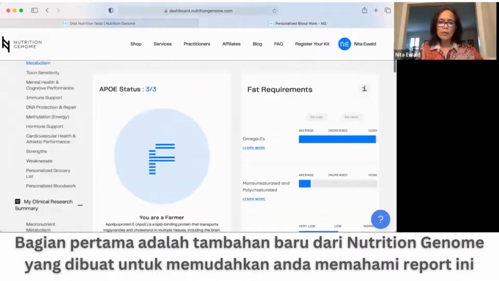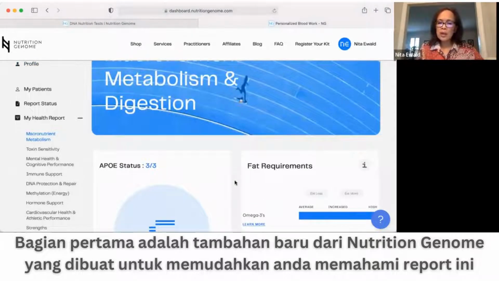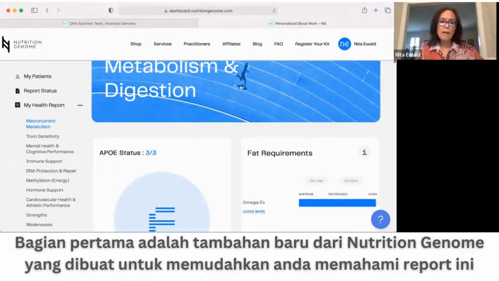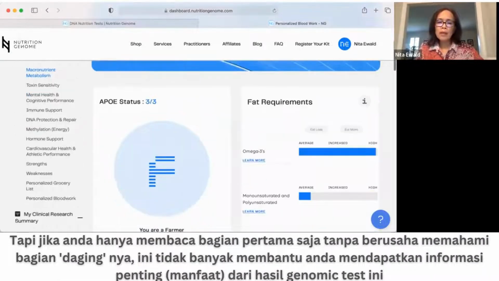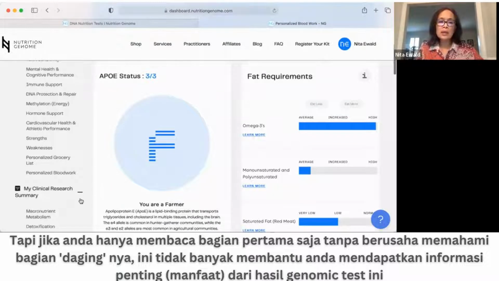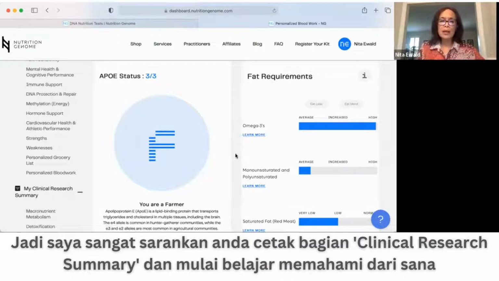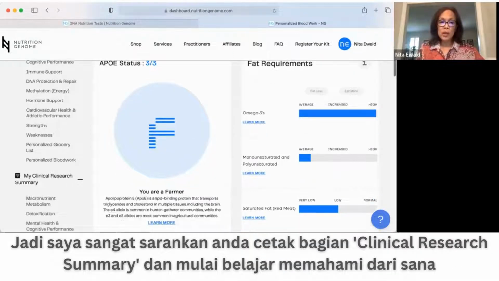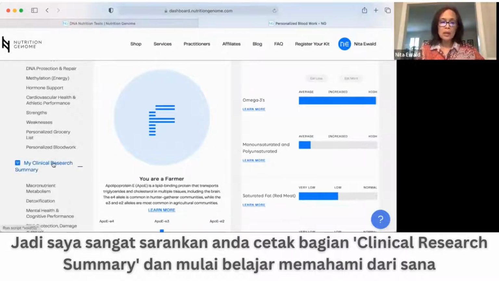The first portion that you see now is a new addition that is created in order to make it easier for you to understand. But I think if you don't understand the meat and just try to get the milk, it's not going to help much. So I highly suggest that you print out the clinical research summary and start from there.